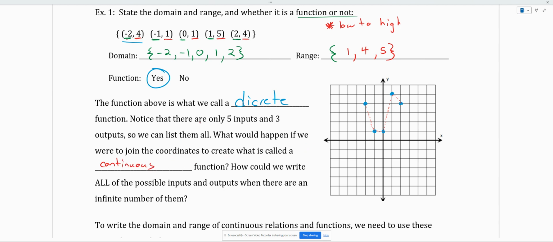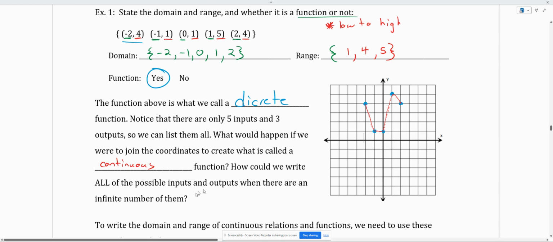And then, how could we possibly write all the possible inputs and outputs when there are infinite? Because in between all these points, there are infinite points. You can add more and more decimals if you wanted, and there are infinite points in between every one of these points.